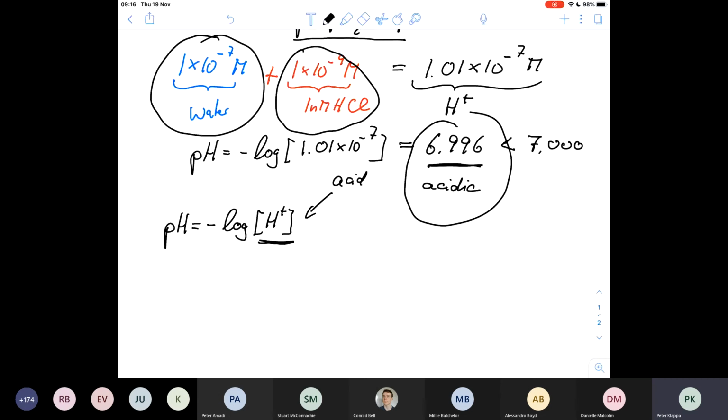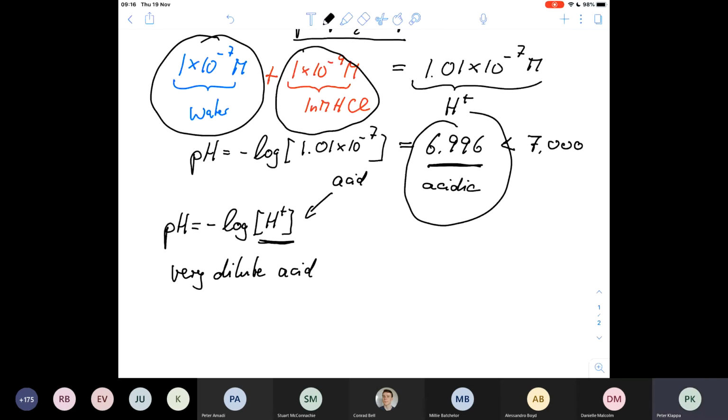And if we have a very dilute acid, as we have in this case, because it's just 1 nanomolar, it's very dilute.